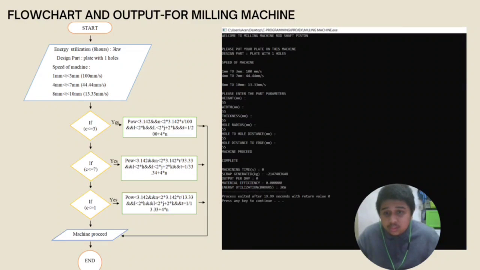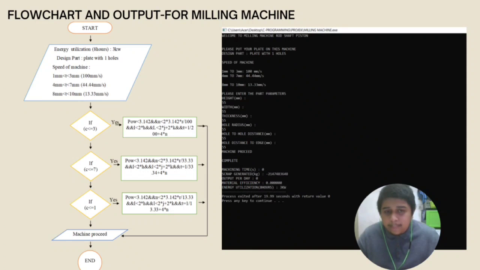But if more, then we go to another step, which is if C is less than or equal to 7. If yes, then we proceed to the power less than 3.142 times 1/33.34 plus 4 times n.